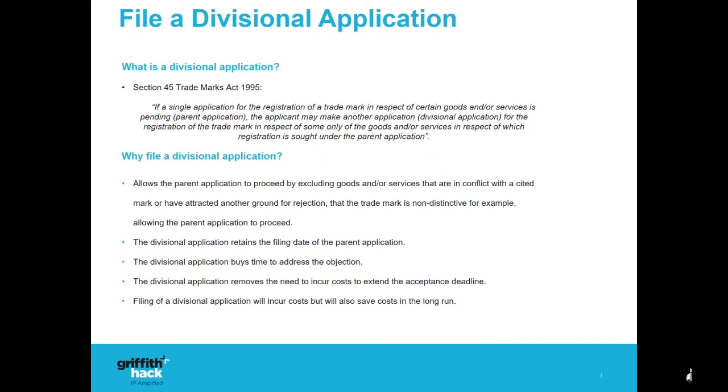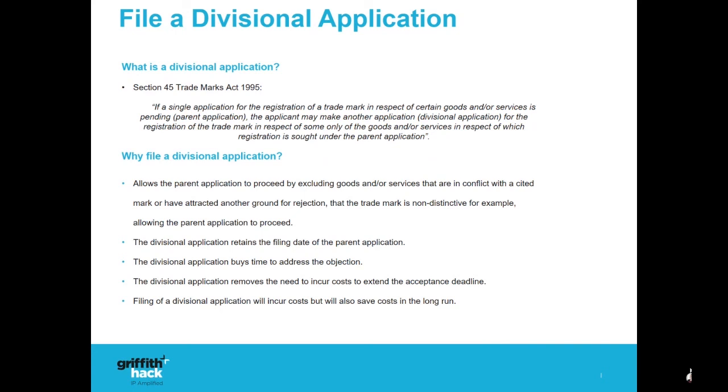So if your non-distinctiveness objection relates to only some of the goods for which the application has been filed and not others, you divide those out into what is your divisional application, and your initial application, which we call the parent, will then go through to acceptance. It will be registered if there's no opposition, and at least you've now got part of your trademark registered.